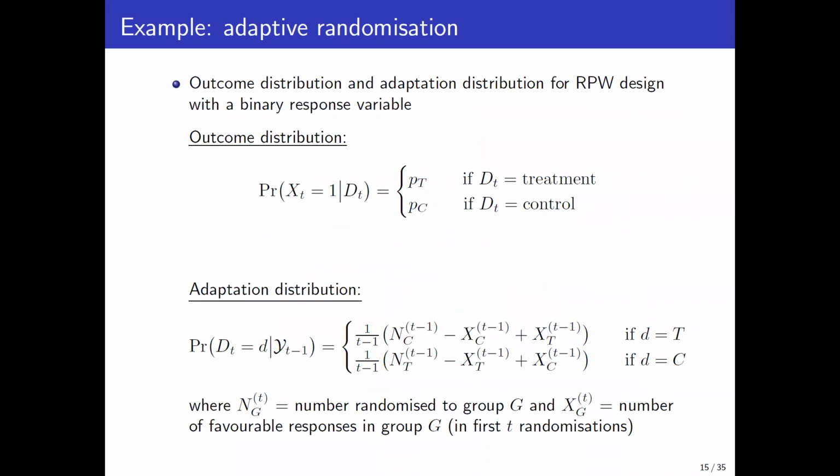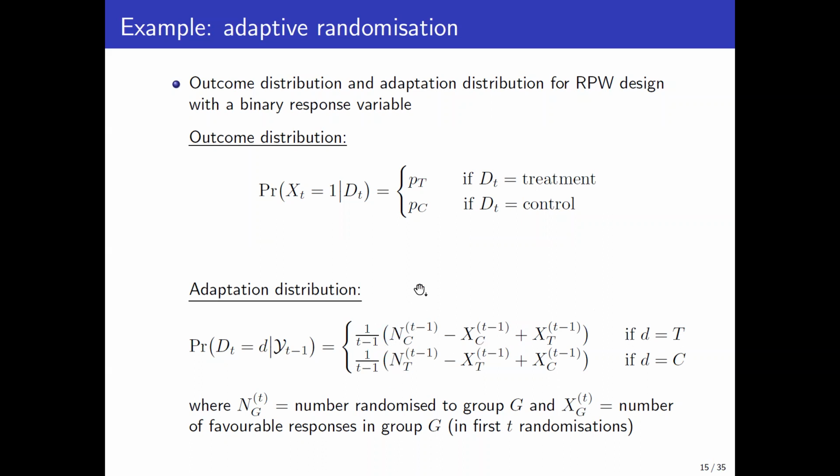Just for concreteness, let's look at what they would be in one of our examples, the randomised play the winner adaptive randomisation. The outcome distribution is pretty simple: just a Bernoulli distribution, with probability of response depending on which treatment arm the participant is allocated to. The adaptation distribution in this case depends on that urn model that I described, and it can be written down.